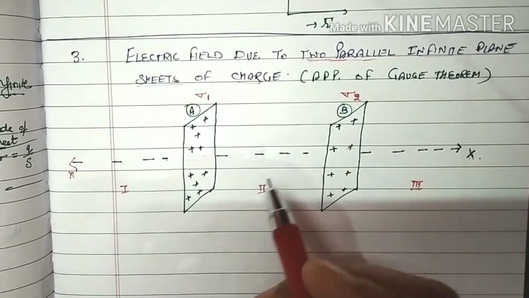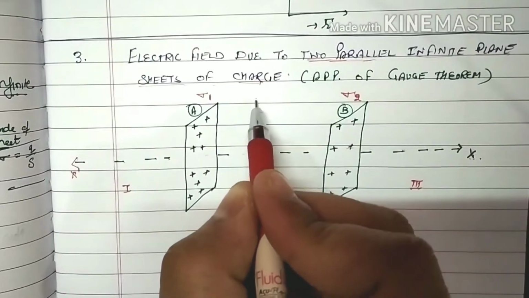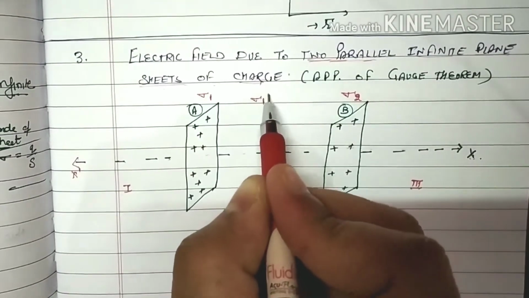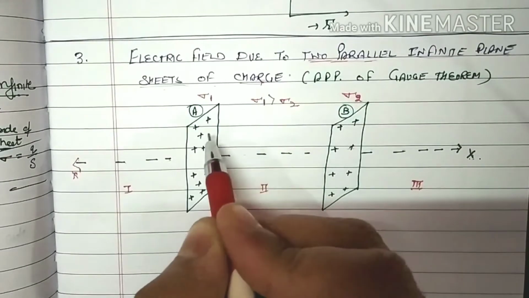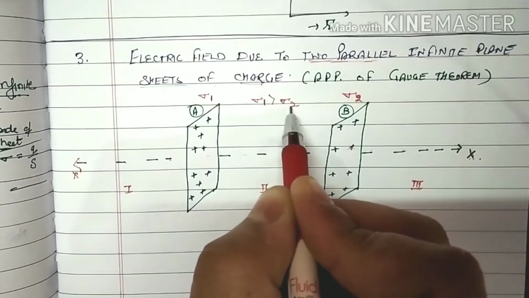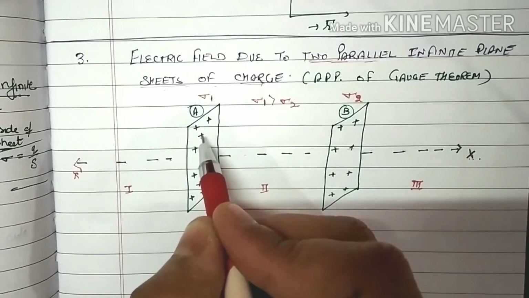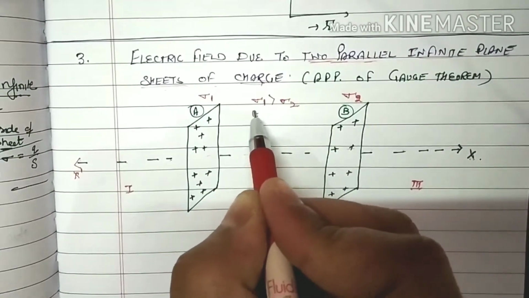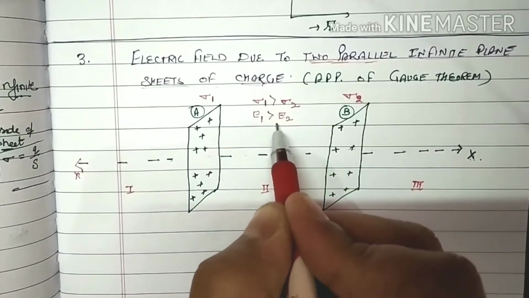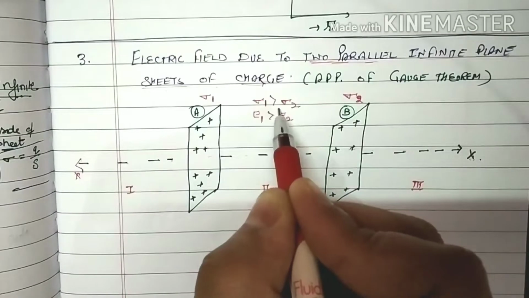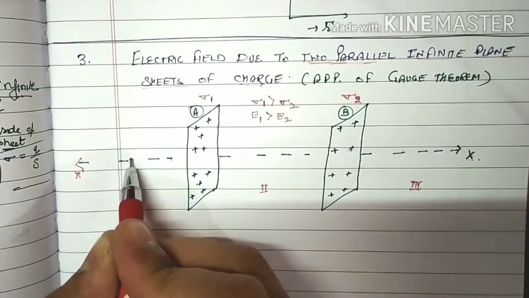For this we will take one case: suppose sigma 1 is greater than sigma 2, that is, the surface charge density of plate A is more than that of plate B. So this plate has the larger electric field, E1, which is more than E2. In the first region, suppose we want to find the electric field at this point.